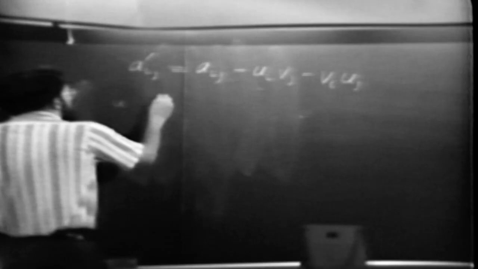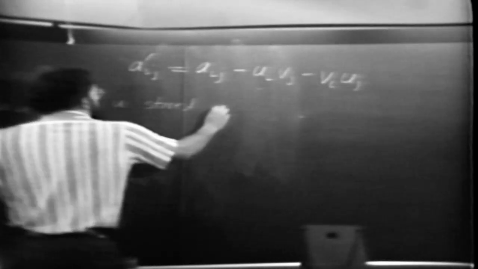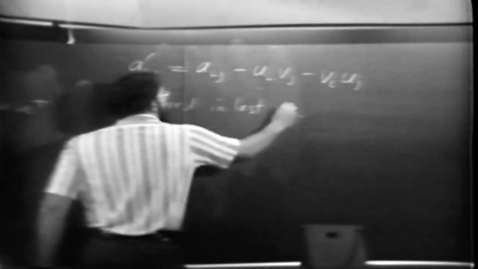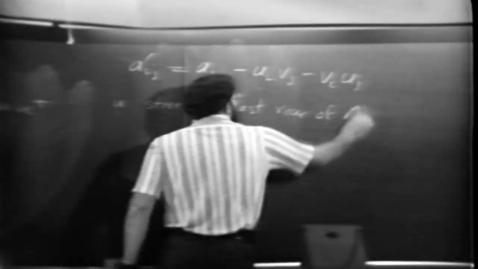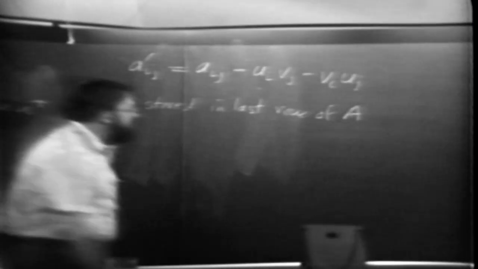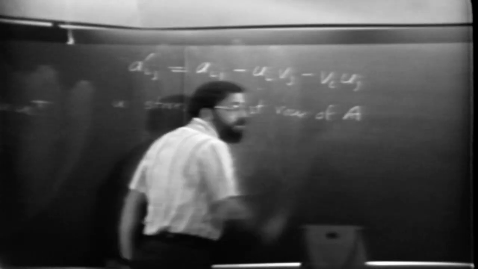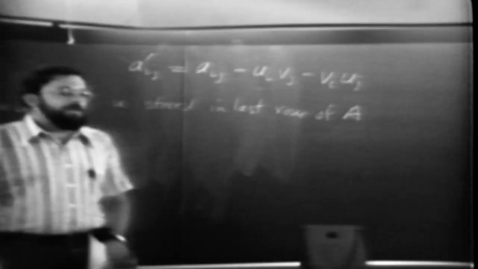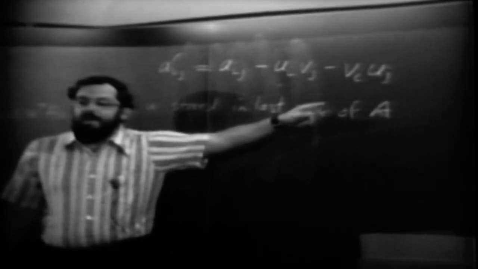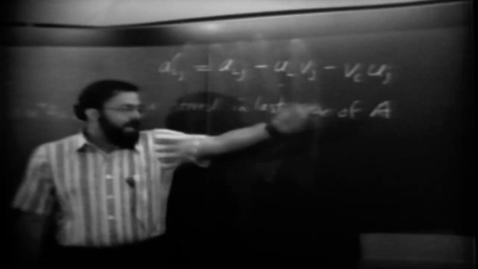So continuing then with what we're going to see in the program, recall that U is stored in the last row of A. That makes the flow of the program a little hard to follow, because you're going to see a whole bunch of A's there, and some of them will actually be the matrix, and some of them will actually be this vector U, because the vector U just differs from the last row of A by 1 element.